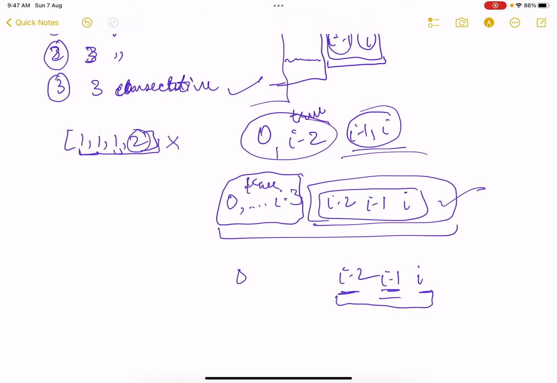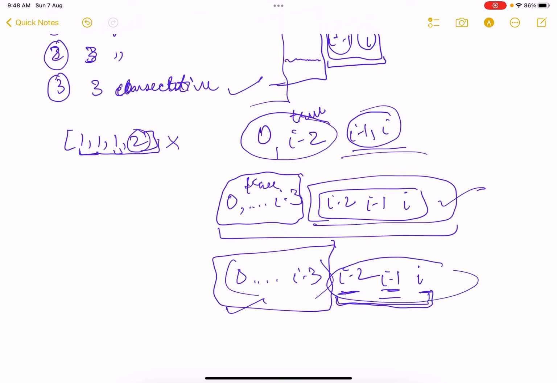So if I have calculated the result from 0 to i minus 3, which tells me whether we were able to transform the subarray from 0 to i minus 3 into a valid partition, and if we were able to, then we are able to do it till the ith position, because these three are also forming a valid partition.